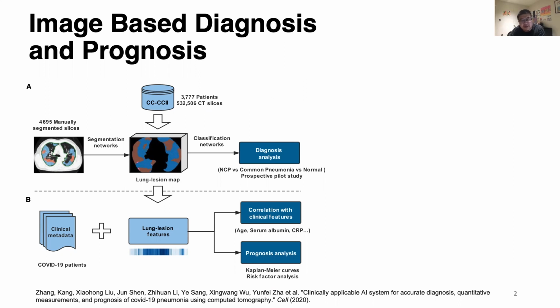And the bottom portion, portion B, shows the AI-assisted clinical prognosis estimation based on the CT quantitative parameters and clinical metadata. This is a system for risk factor evaluation and a Kaplan-Meier curve analysis for severe or critical illness.